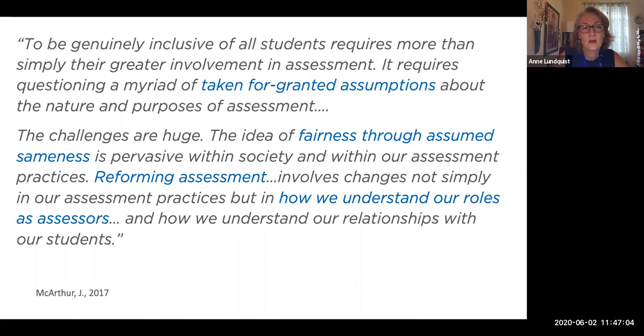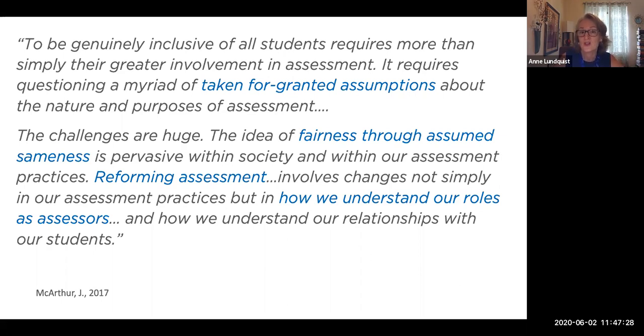And then Jan McArthur points out again that to be genuinely inclusive of all students requires more than simply their greater involvement in the assessment process, although we've mentioned the ways why that is really important. It really does start with us requiring a questioning of really taken for granted assumptions about the nature and purpose of assessment itself. And this is a huge challenge for us.